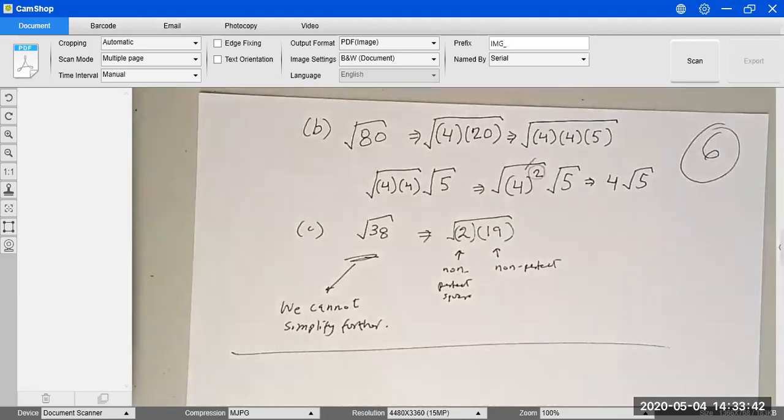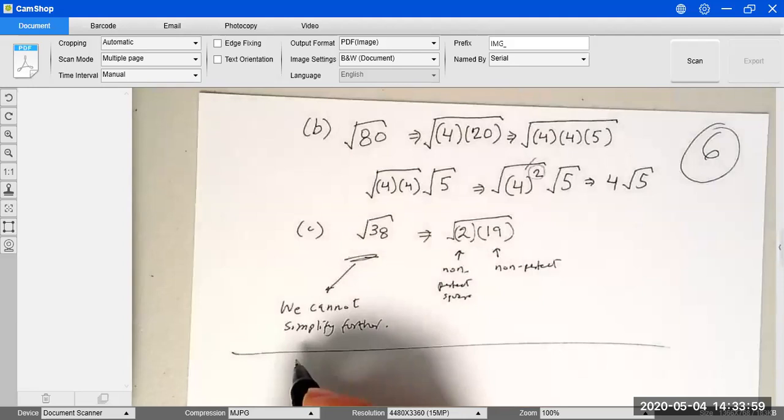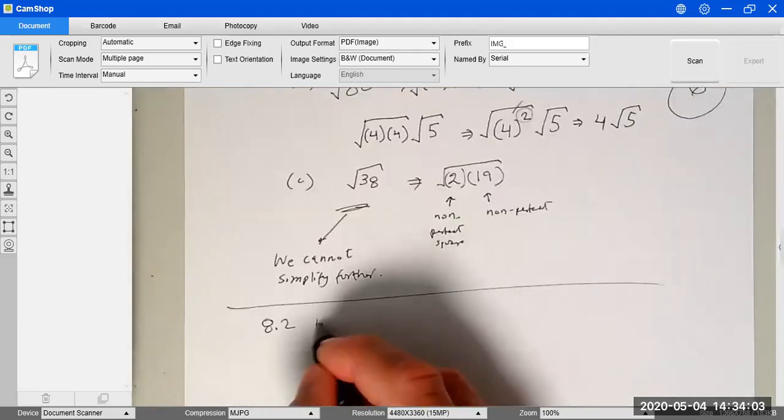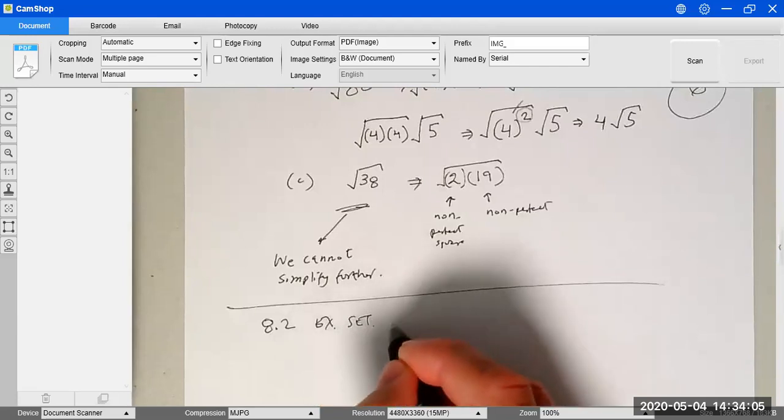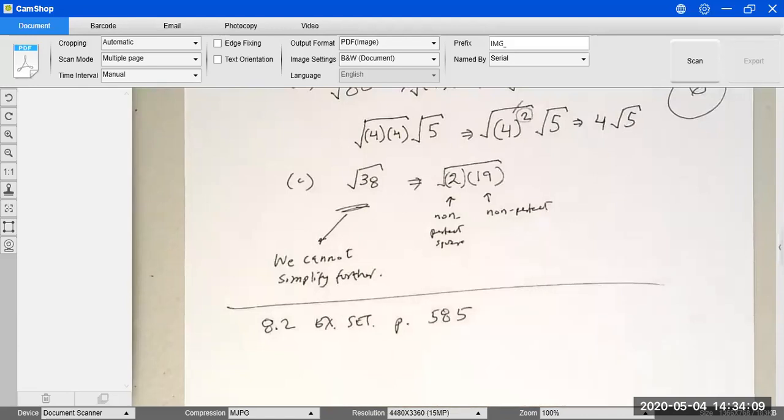So I'm going to give you a problem now, and then we're going to introduce variables. And once you have variables, then everything is going to be slightly different. So you're going to work now problems from 8.2 exercise set on page 585.